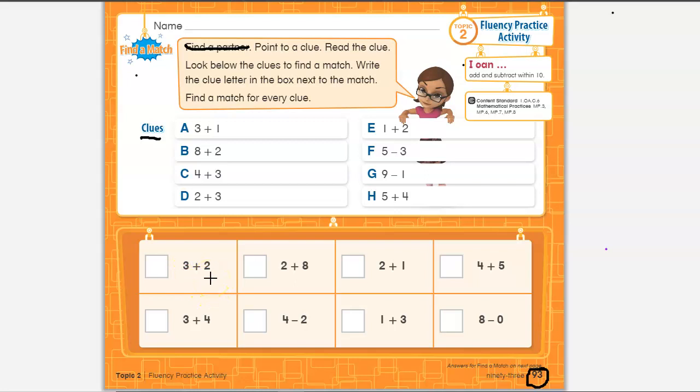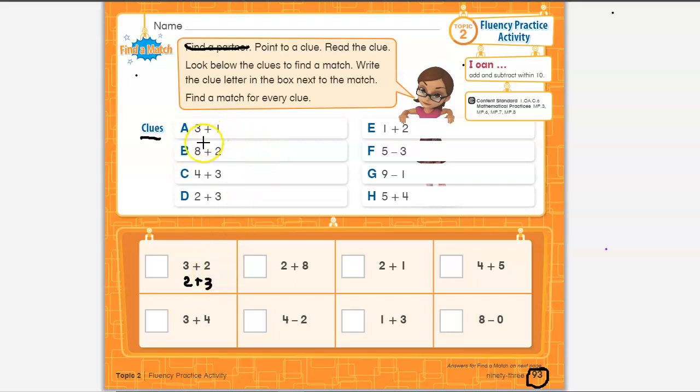When we were talking about add-ins, we talked about how you can flip add-ins. If I were to make this 2 plus 3, all I did was flip my add-ins around and change the spots that they were in, this is still the same problem. My add-ins are just changed.